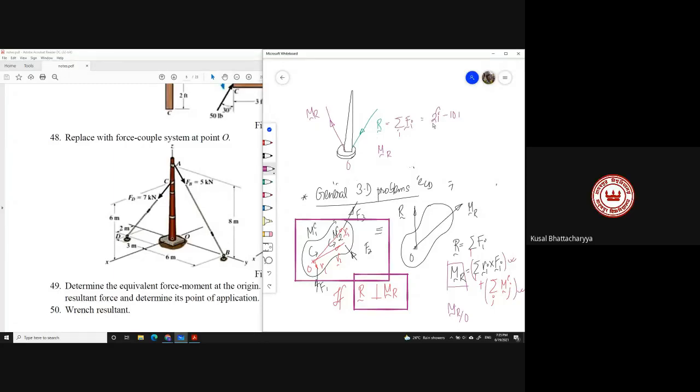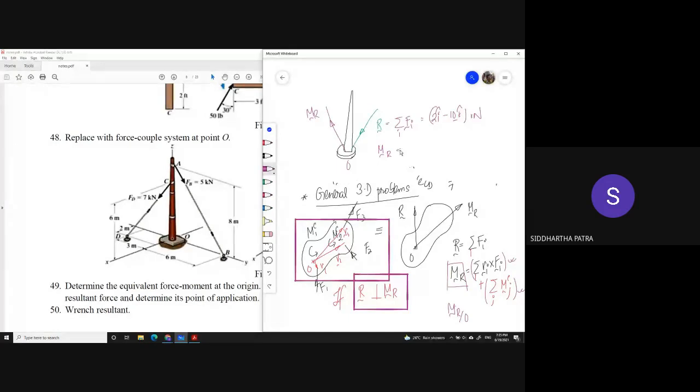The J component is balanced. So 4 plus 6 gives you 10, and 3 and 3 are cancelling out.